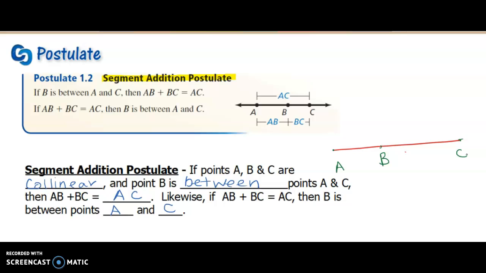B is between points A and C. All this is saying is that this length, AB, plus this length, BC, is equal to AC, the whole thing. So for example, if AB is 5 and BC is 8, the whole thing would be 5 plus 8. Don't overthink this. This is one that's easy to overthink.